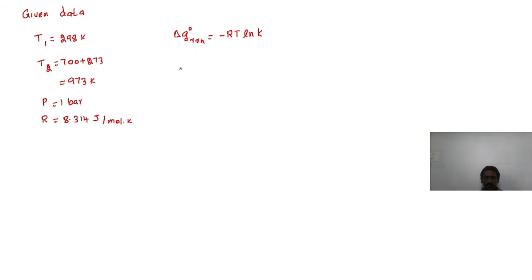Let me write another formula: ln K2 divided by K1 is equal to minus del H naught of reaction divided by R, opening bracket, 1 divided by T2 minus 1 by T1. In the problem, delta H of reaction at standard state is independent of the temperature. Therefore, I have chosen this formula to solve the problem.